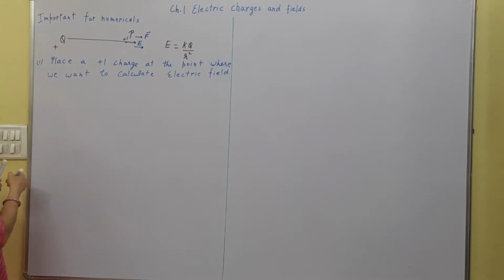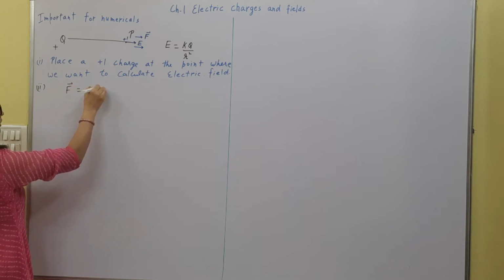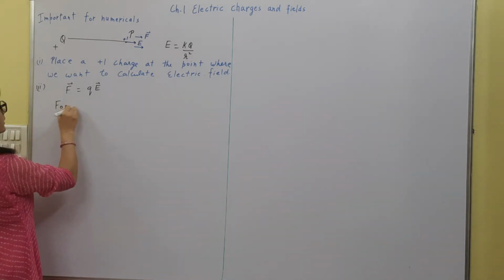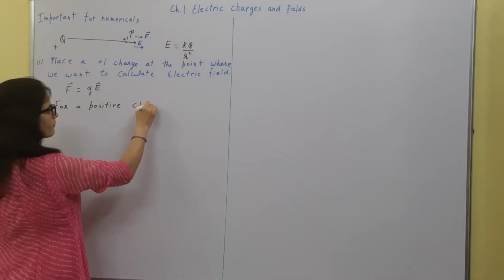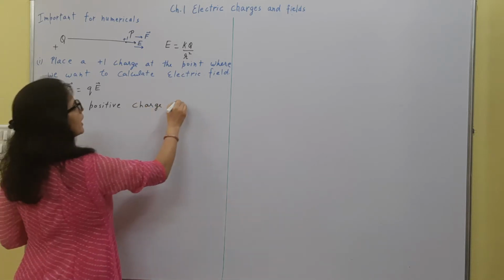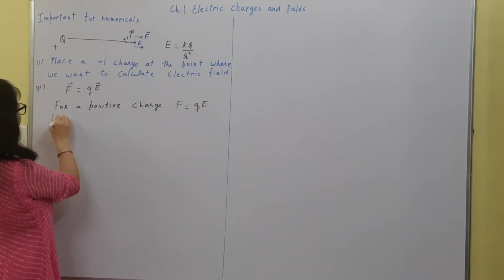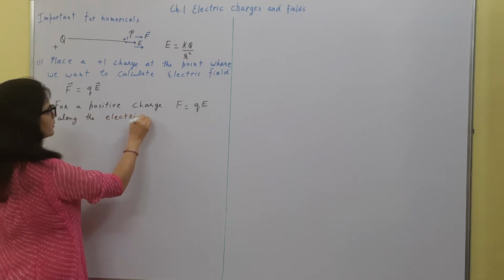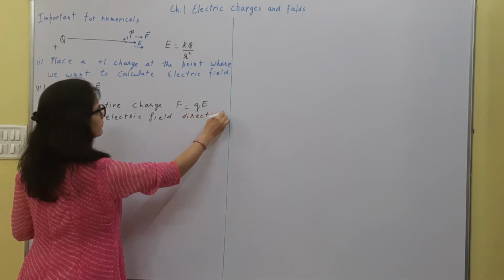Right? Second important point is that we know by the concept of electric field that F is equal to QE, right? So that means for a positive charge, F is equal to QE, that is along the electric field direction, right?